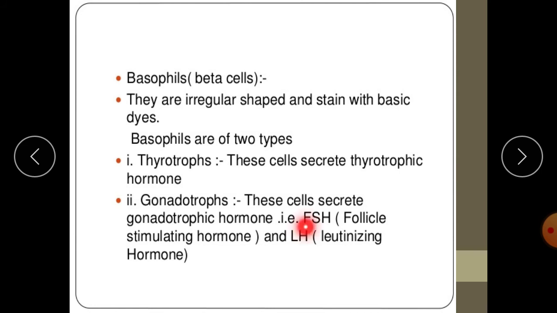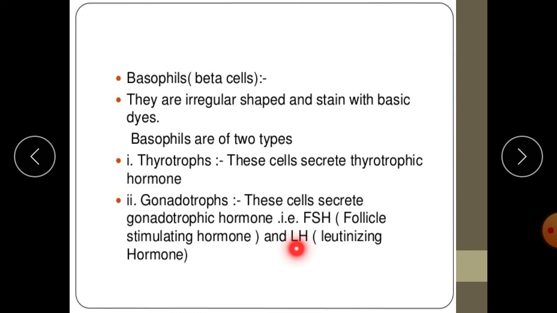FSH in females is required for the normal development of ovarian follicles, and it is also necessary for the secretion of estrogen. LH performs two functions mainly. Number one is ovulation.